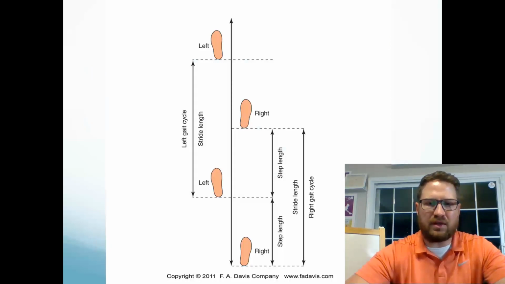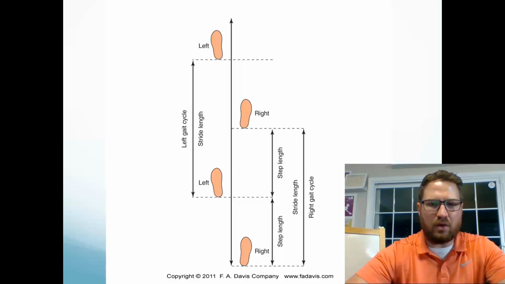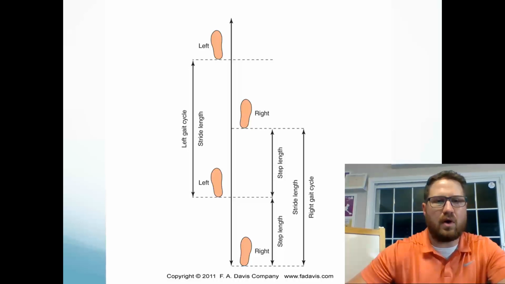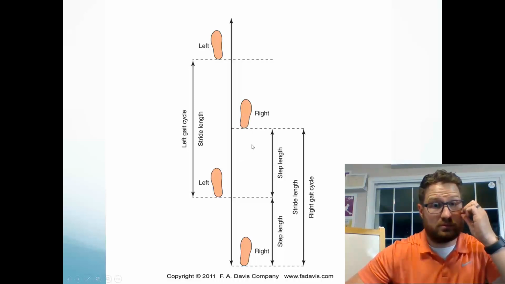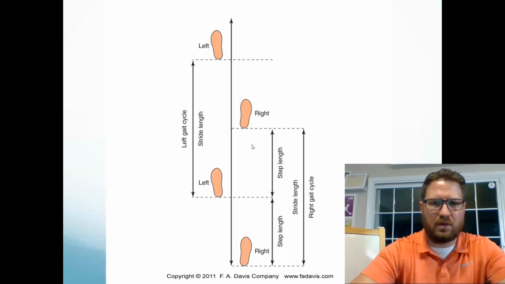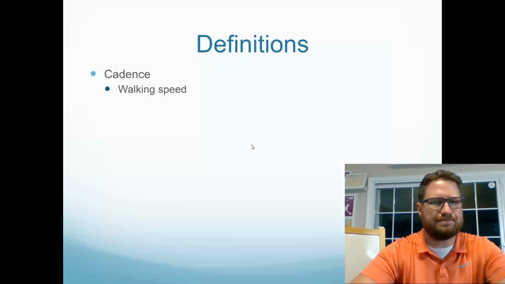So the gait cycle goes from stance all the way through swing and then into another stance. So it's heel strike to heel strike. That's stride length.